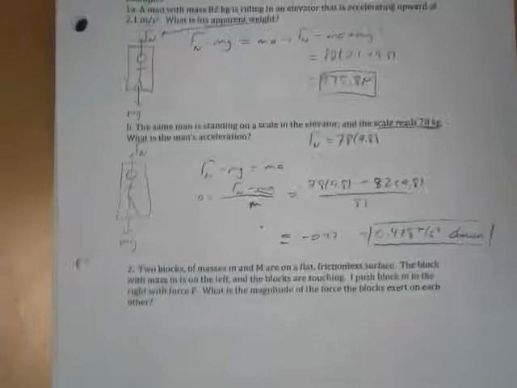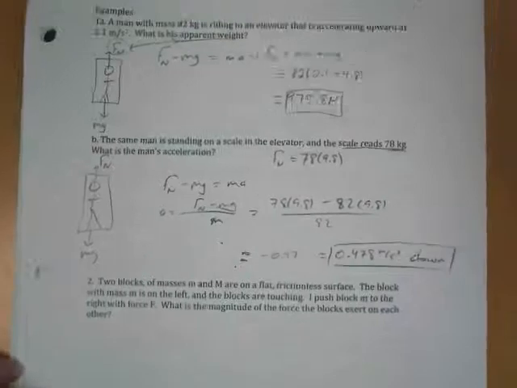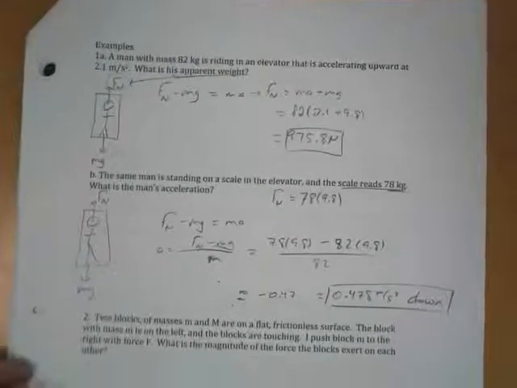Keep in mind that doesn't mean we're moving downward. We could be going upward and slowing down, or we could be going downward and speeding up. Either could be the case. So that's how we deal with apparent weight.